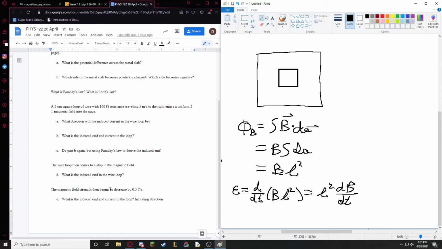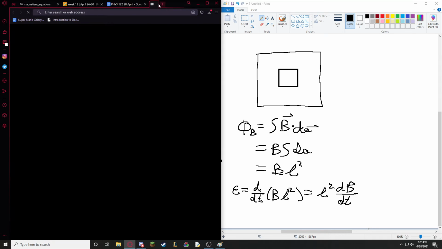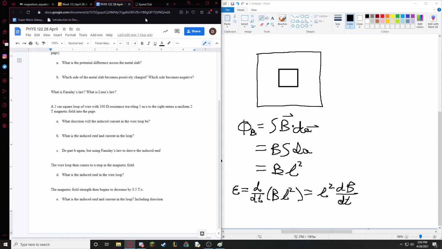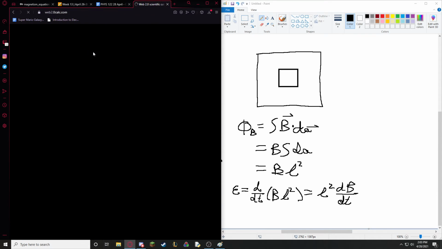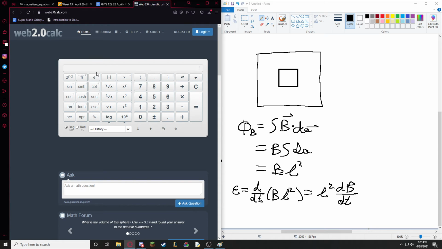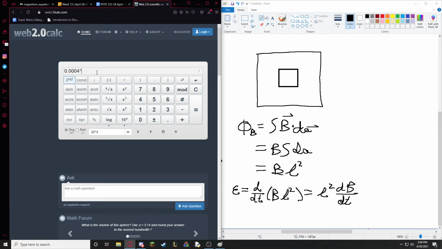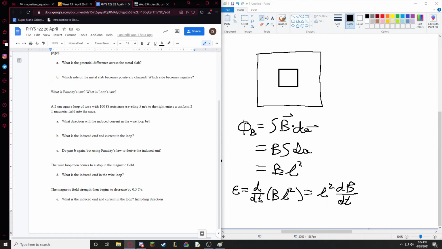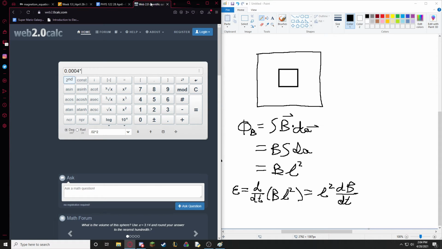And we have the dB/dt, so let's actually go ahead and plug numbers in for this one. Why not, right? So we have a 2 centimeter squared loop of wire. So we have L squared is 0.02 meters squared times dB/dt, which is 0.5 Teslas per second.